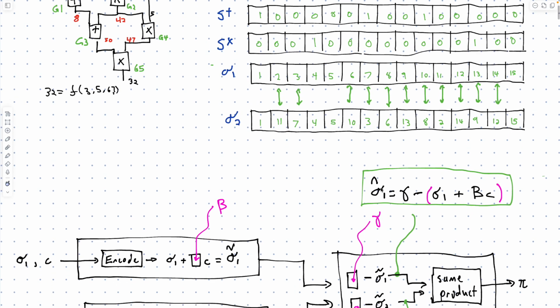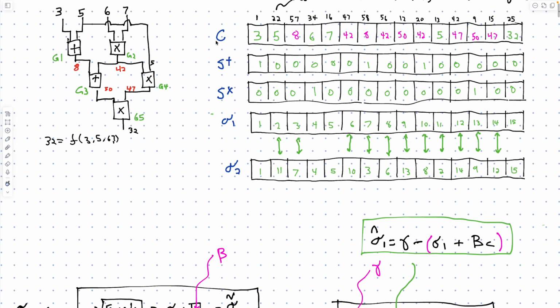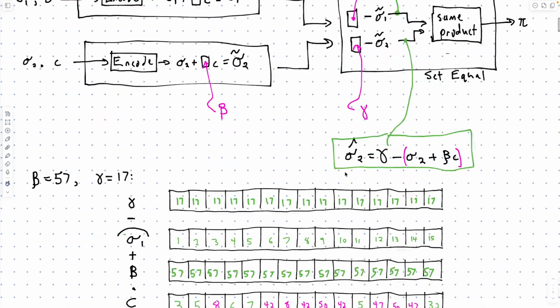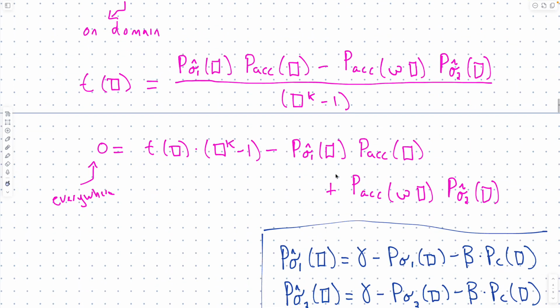So instead of producing sigma hat as its own polynomial and committing to it and sending it to the verifier, I'm going to replace sigma hat with the original. Then for this whole proof, I just have to look at c, sigma 1 and sigma 2. I don't have to look at any of these intermediate values.